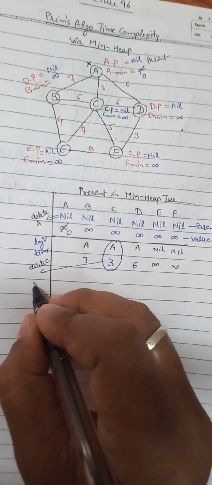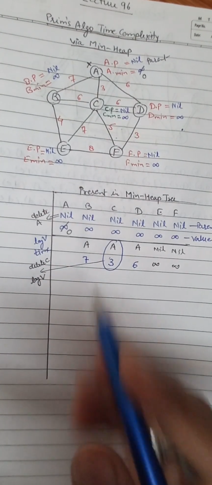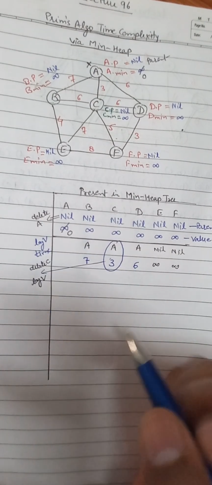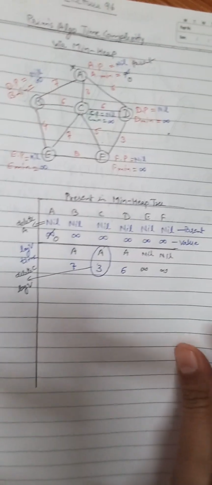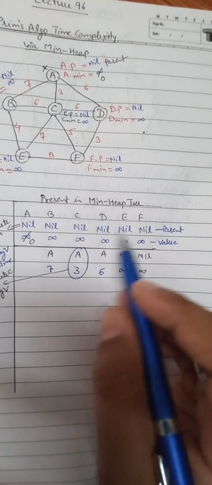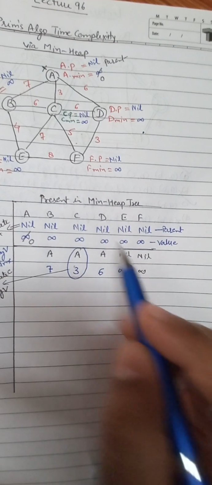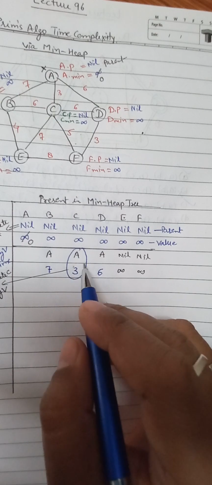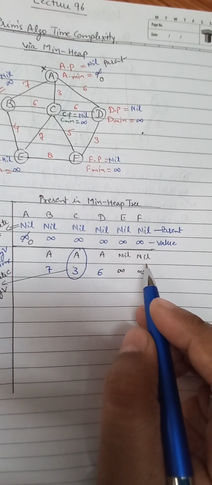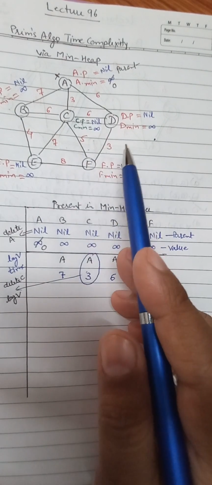Again, how much time will it take? It will take log v time. Here also log v time, here also log v time. And here we can see we have to find out the weight of every adjacent node. So we have to go through each and every vertex, and we have to find out which is the minimum one.